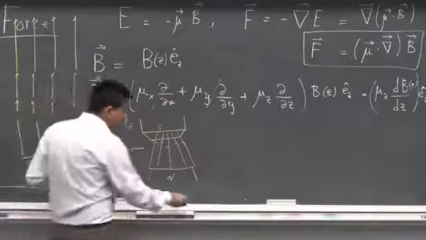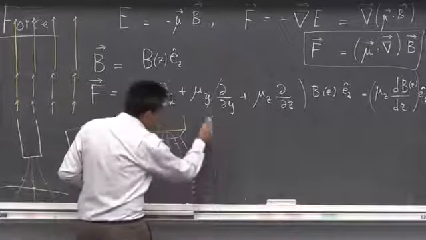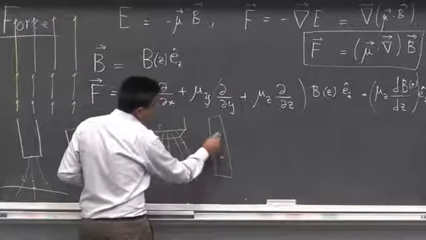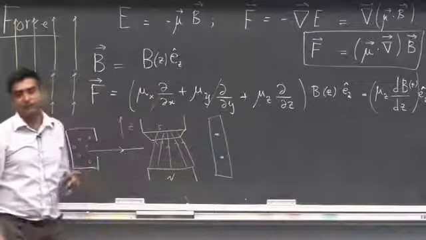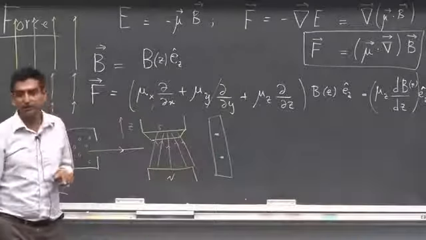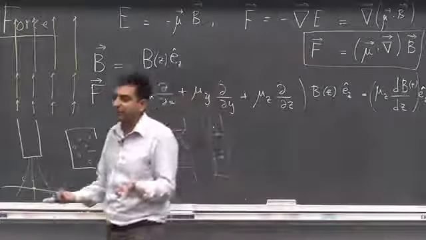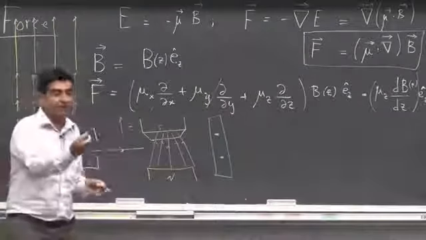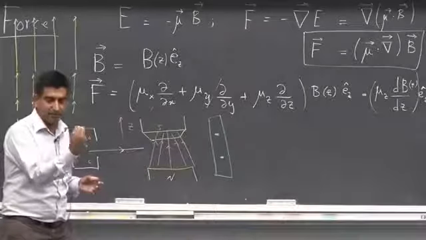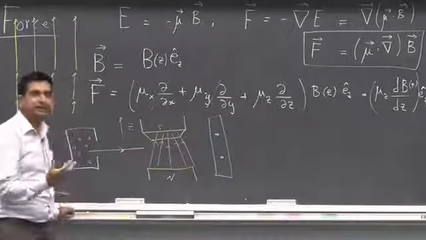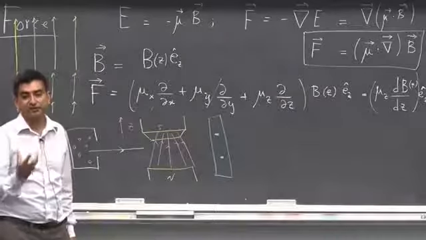And if they place a screen here, they observe two distinct spots, which means that the force is of two kinds, positive and negative. Which means that mu z is quantized, it's of two kinds. Mu z is plus some mu or minus some mu. Okay, this is how the idea of quantization of spins was discovered.